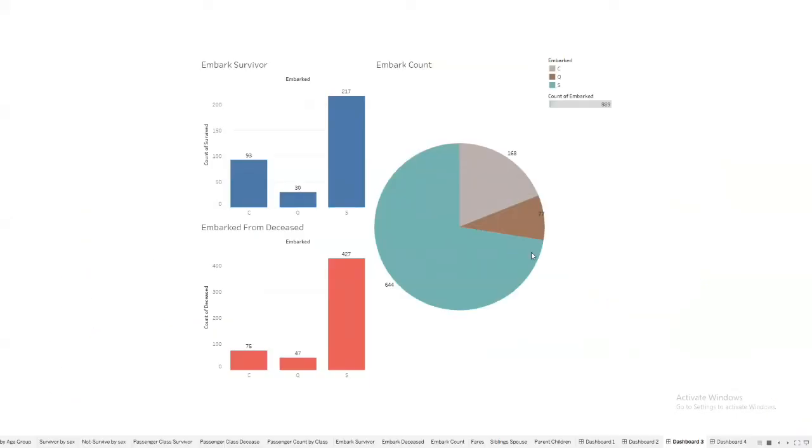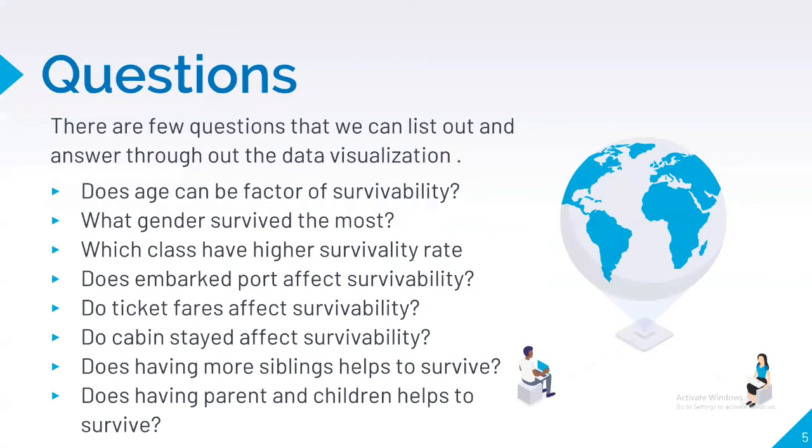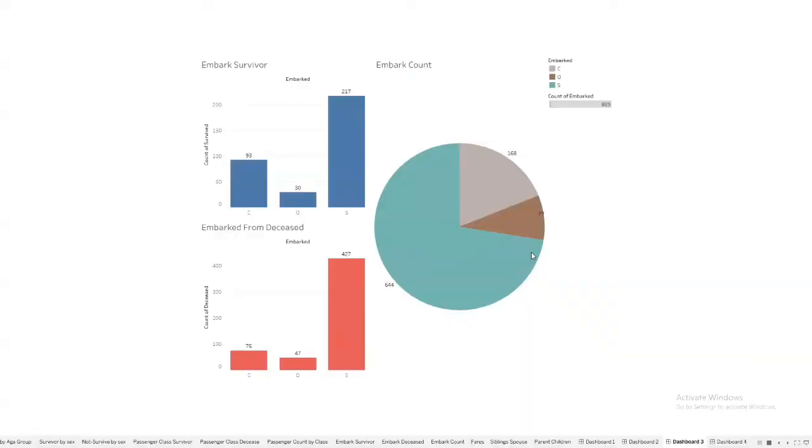So next question, does embarkation port affect survivability rate? As you can see at the embarked survivor, passengers who embarked at S have the higher survivors, but also at the embarked death, passengers who embarked from S also have the higher deaths.